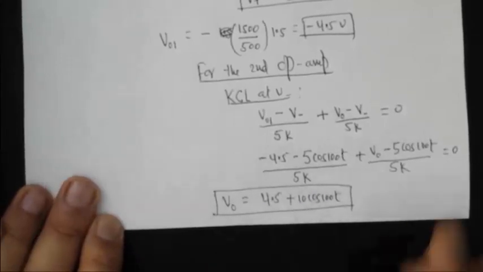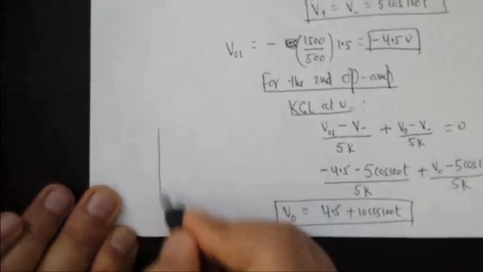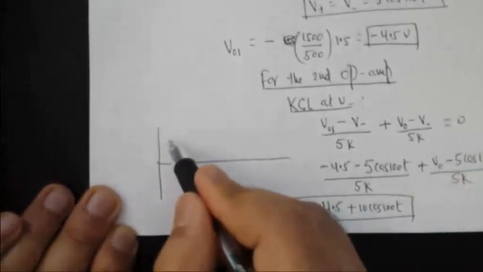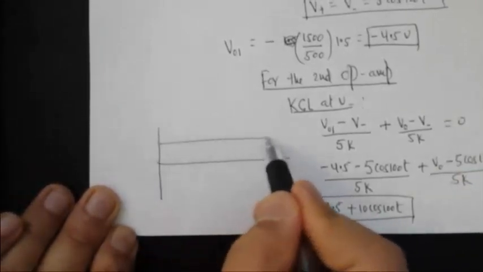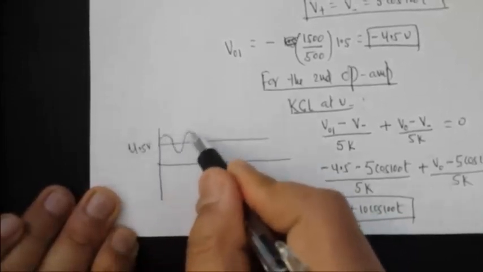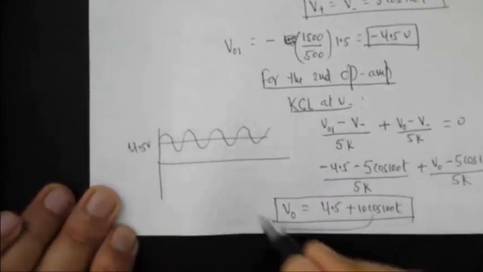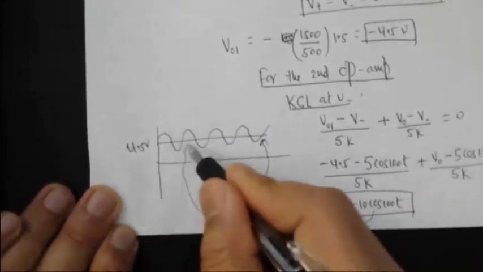So that's your final answer. If you check on the scope with the DC coupled signal, you have 4.5 volt DC, and it's superimposed by this AC voltage. So it will look something like that.